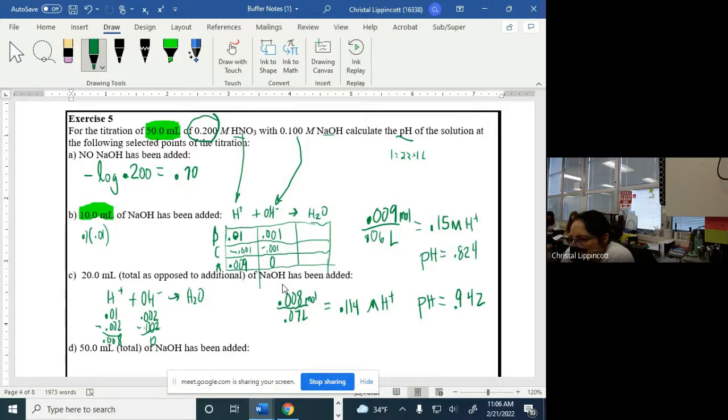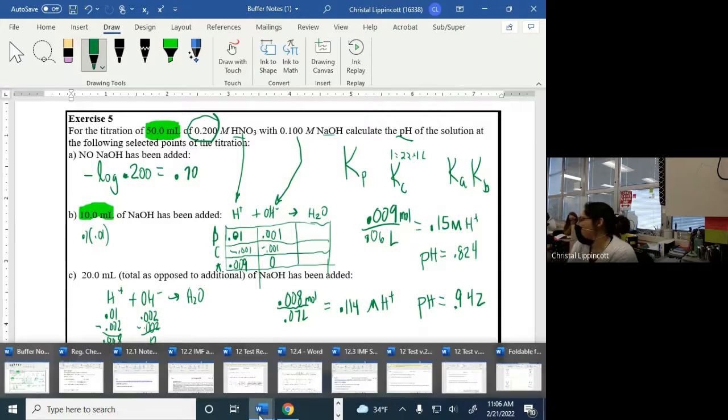Whatever your K value is, if it's Kp, it's going to be pressure. If it's Kc, then it's concentration. If it's Ka or Kb, then it's going to be concentration as well, because that's concentration of acid or base. For ice tables, only for finding the K value? For equilibrium, yep. Well, I mean, sometimes you have the K value and you're trying to find the other parts. Sometimes you have the K value and you're trying to figure out what the new concentration is going to be or what it started out as.